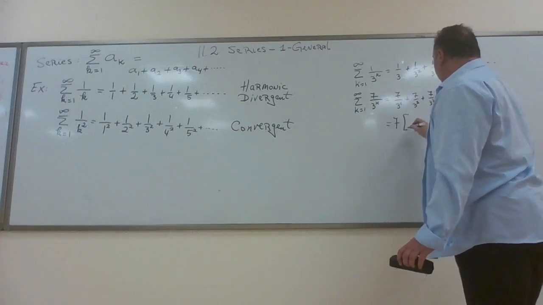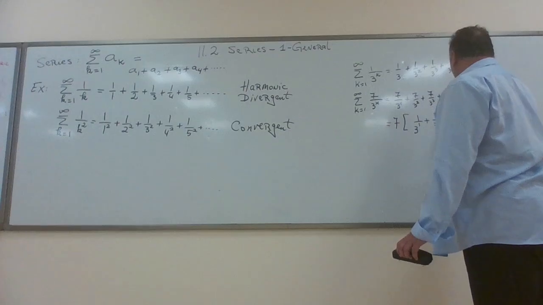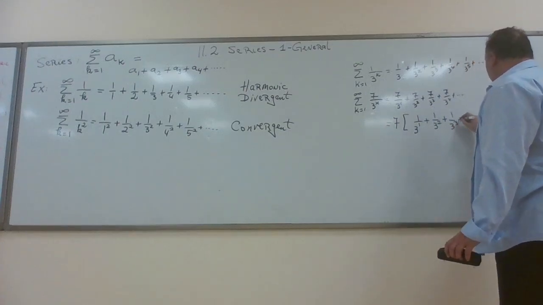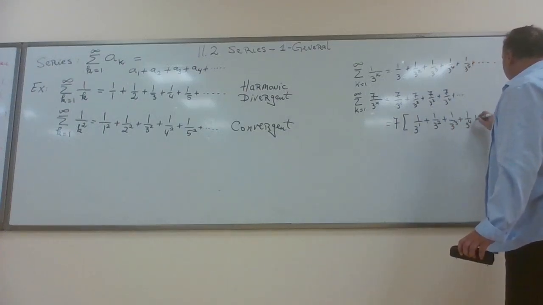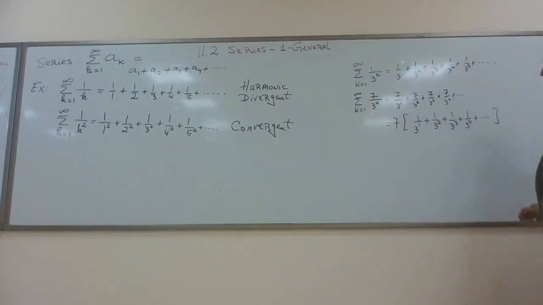It would be easy, and then we get the previous series. So whatever happens regarding the convergence of the previous series, when we multiply it by 7, convergence remains the same.